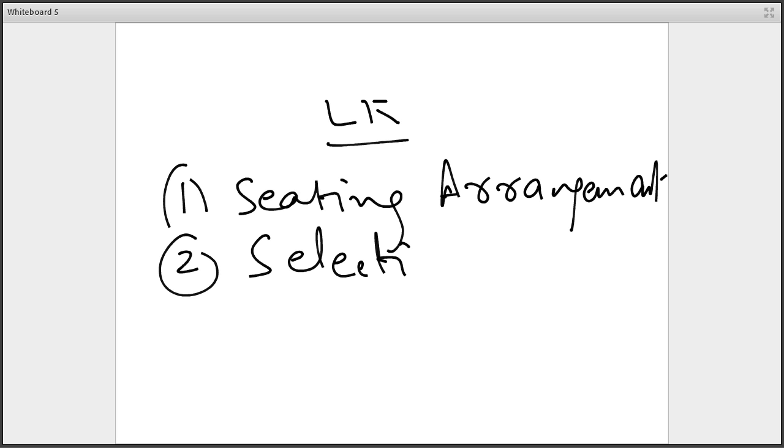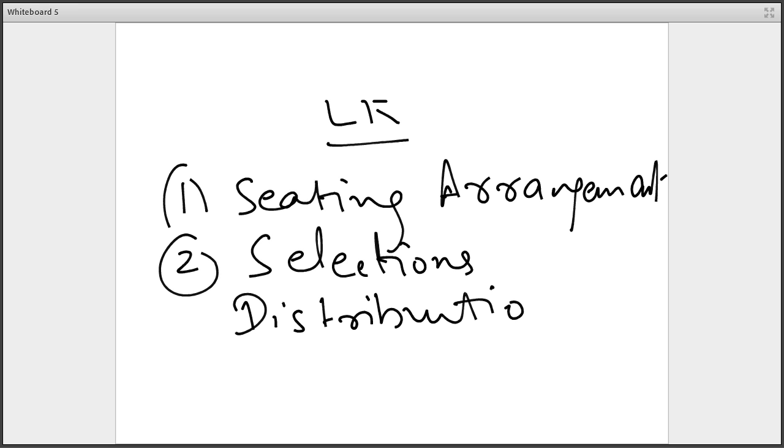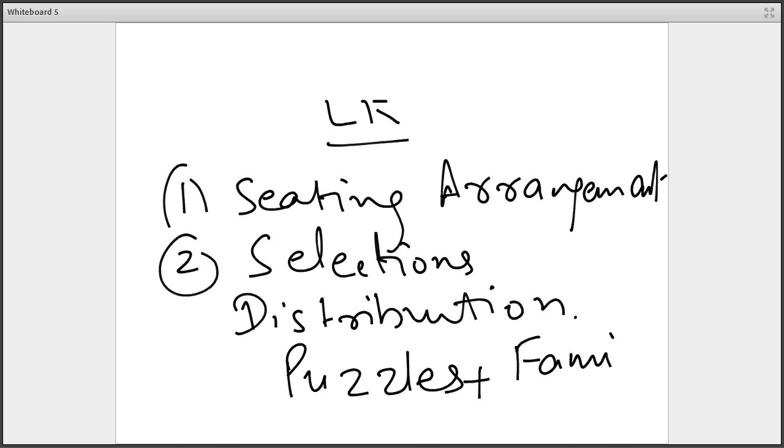Selections. Distribution. Puzzles. Then your family tree. This broadly forms the IIFT LR section.